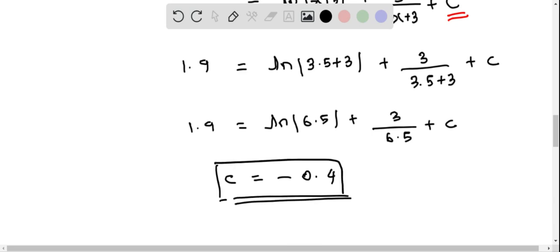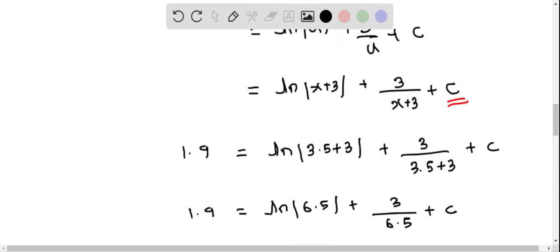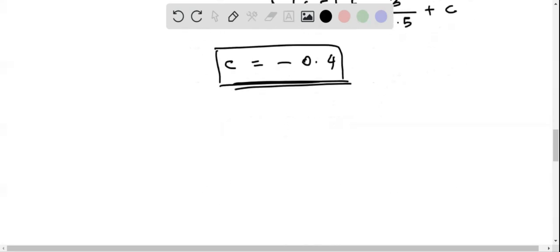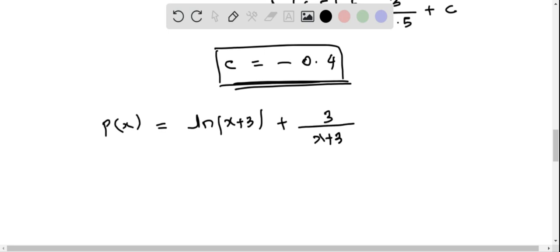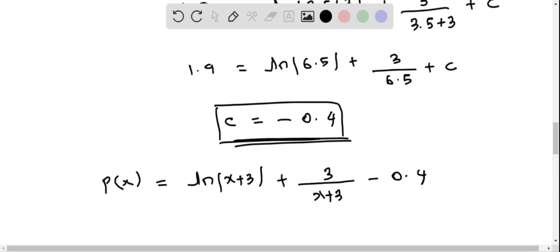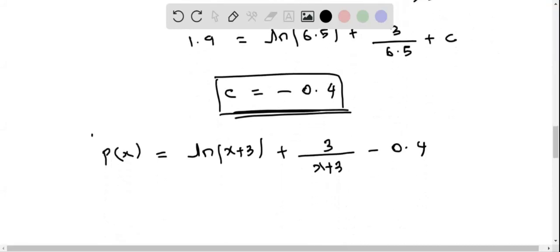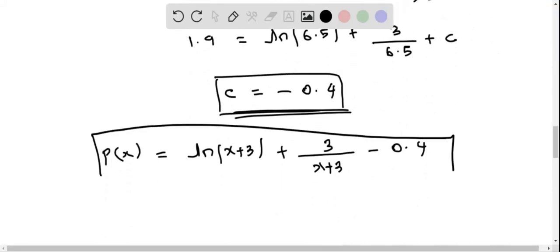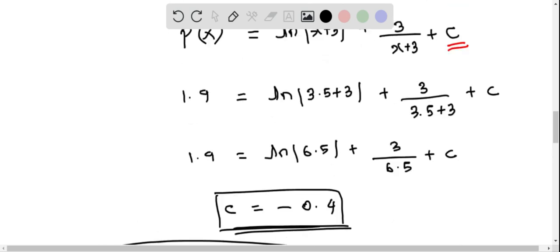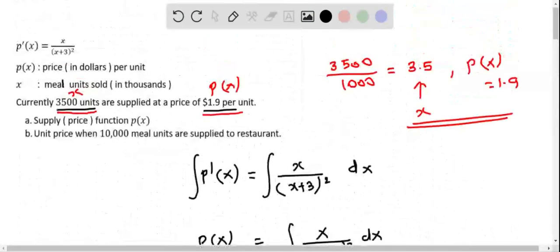So we plug this into the P of x equation. When we do that, we get the final P of x as the natural logarithm of the absolute value of x plus 3, plus 3 over x plus 3, minus 0.04. We substitute the value of c as negative 0.04. So this is the P of x function, which means we have answered part A of this question.